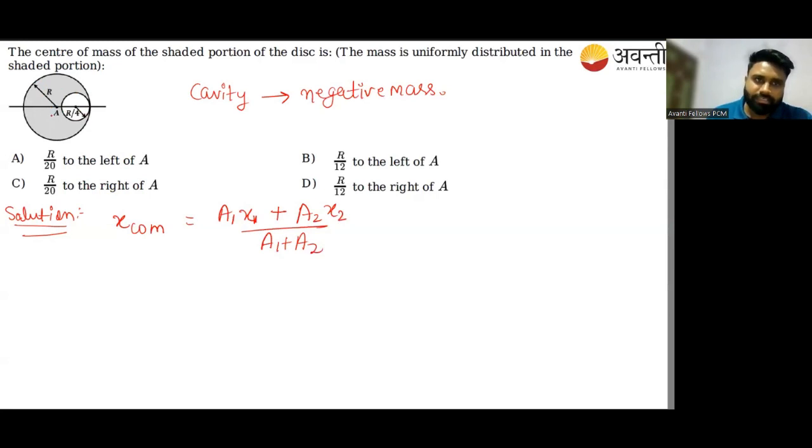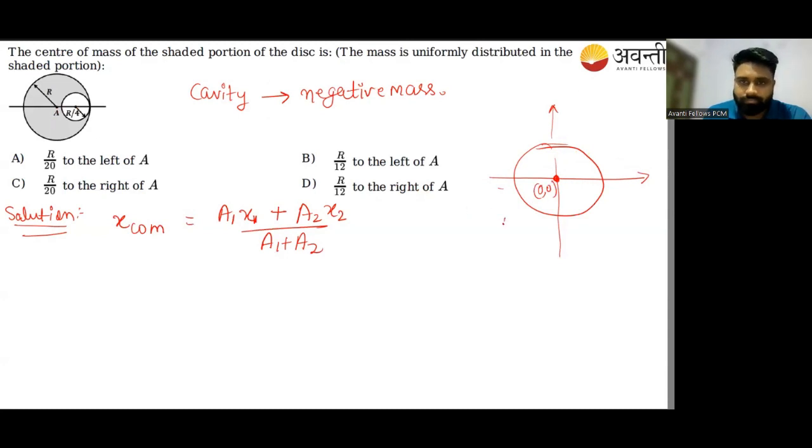Initially, if you see, this is the disk, the planar object. At A, we have considered the origin. This is 0, 0. So if there is no cavity, what should be the center of mass of this object? This disk will be at 0, meaning x1 is equal to 0. x1 is the center of mass of this object.